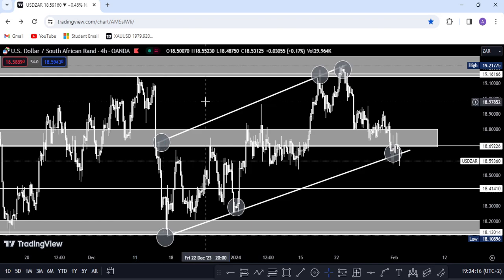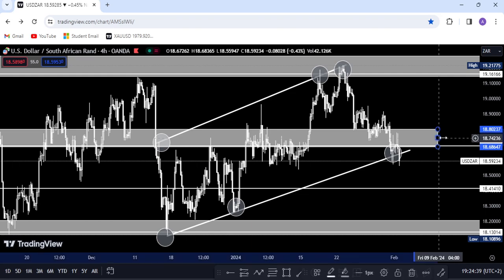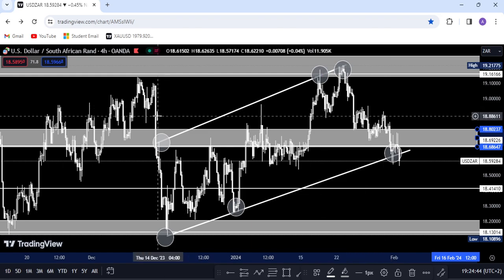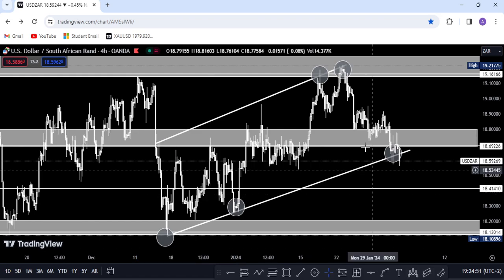So these places that I've marked, I see that my trend line resistance was hit 3 times, and my trend line support, I could say it was hit 2 or 3 times. However, I believe that prices are bullish according to what I am seeing here, according to my analysis.